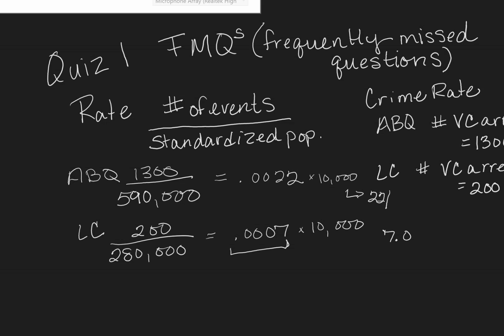So it's 22 per 10,000 people and 7 per 10,000 people. Whether you're living in Albuquerque or Las Cruces, we can compare these rates. According to my made-up numbers, you are much more likely to be a victim of crime in Albuquerque than in Las Cruces.